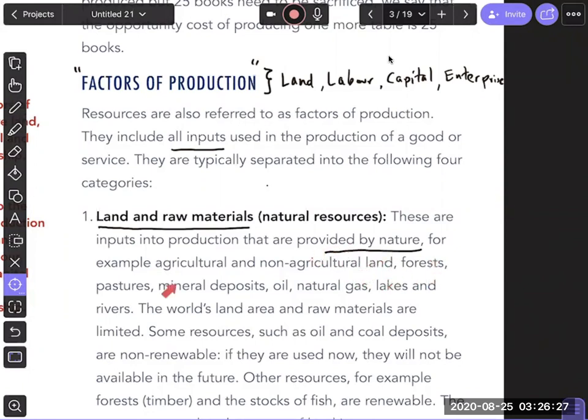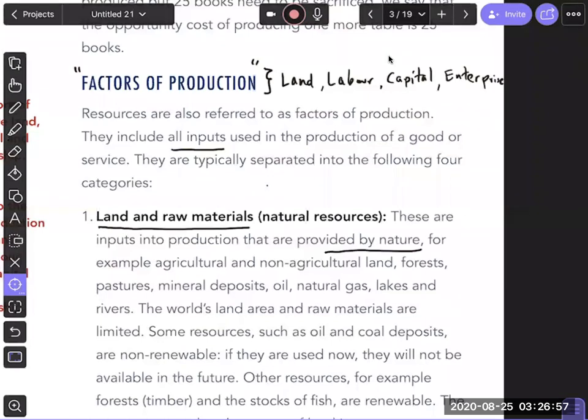Forests are land, pastures are land, farm areas are land, mineral deposits are land. So land is anything which is nature's gift. It's something which is not man-made, and therefore we use this to make goods and services.